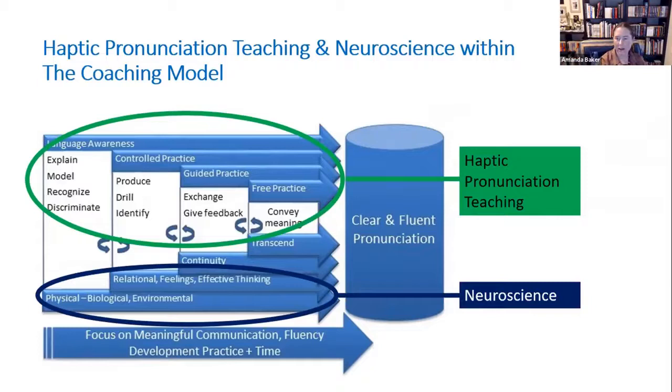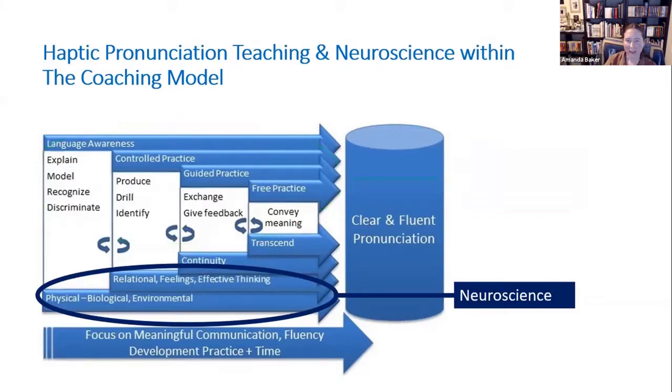And then the neuroscience, which Mike will be discussing, is mapped onto the coaching model in some ways, the physical, biological, environmental factors, as well as the relational feelings and effective thinking factors. Next slide, please. So this then brings me into Mike's part, and he's going to talk a bit about the neuroscience. Thank you.